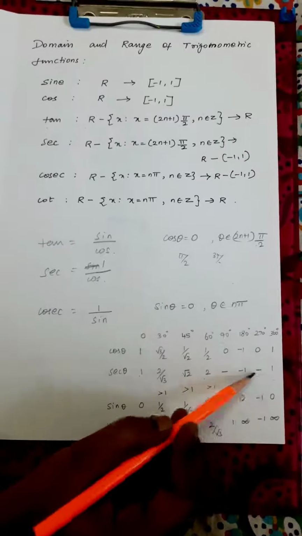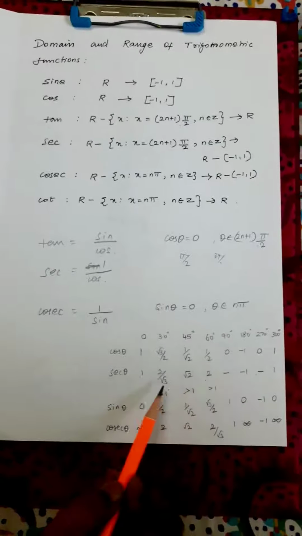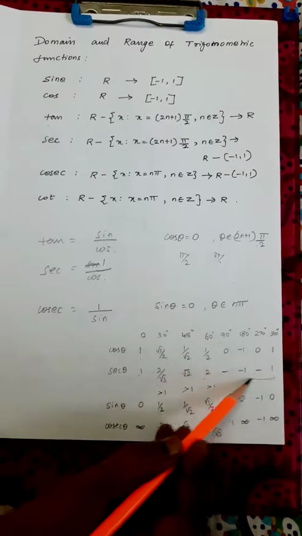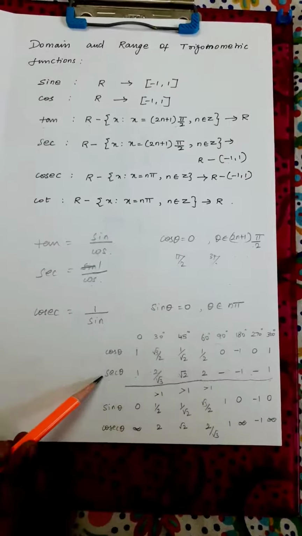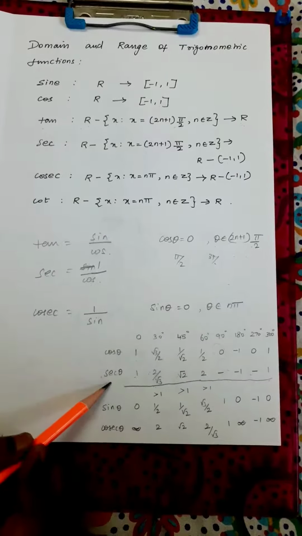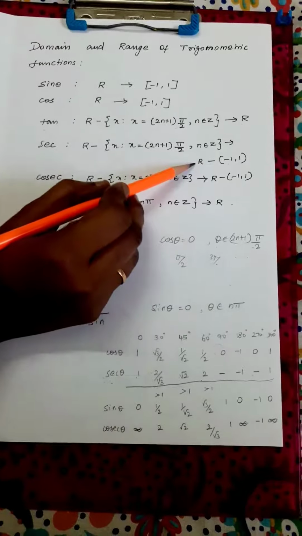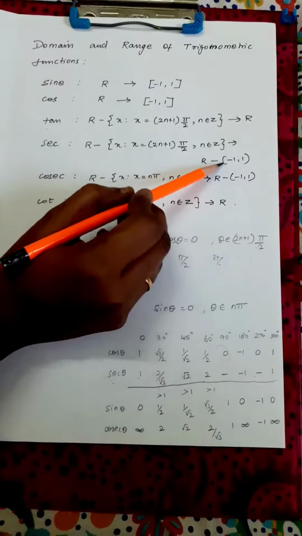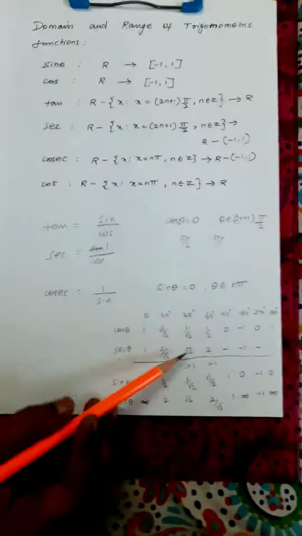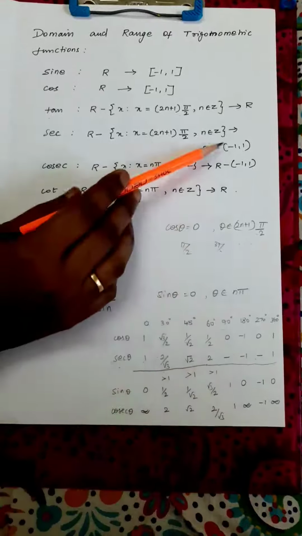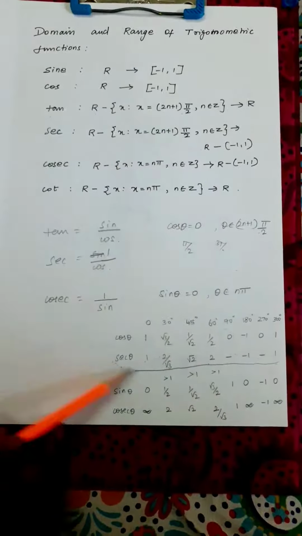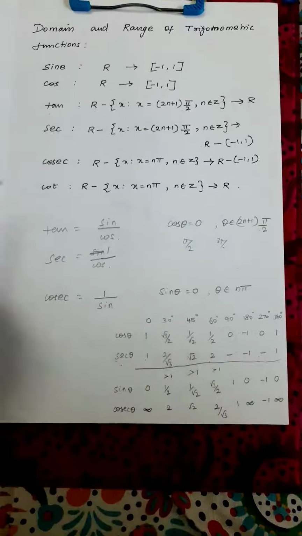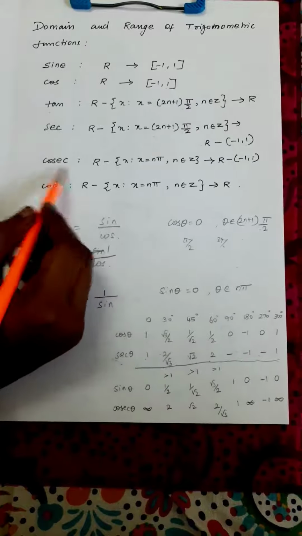Minus 1, 1. So you didn't get any value in between minus 1 and 1 in one full rotation for secant theta. That is why the range of secant theta is the set of all real numbers except the open interval minus 1 to 1. Now come to cosecant theta.